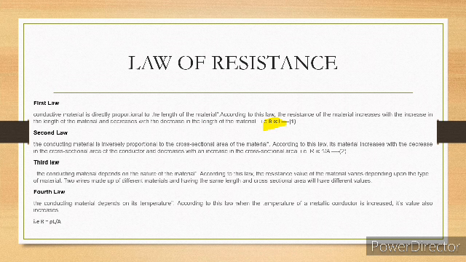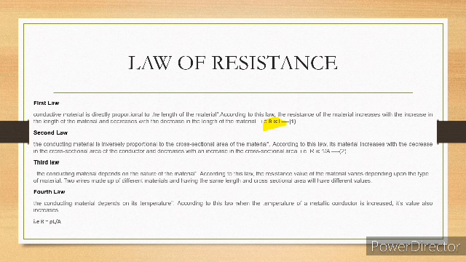So when you take two wires of different materials, even though the two wires have the same length and the same cross-sectional area, because the wires are of different materials, they will have different resistance values, right?